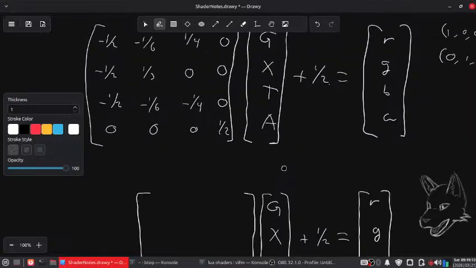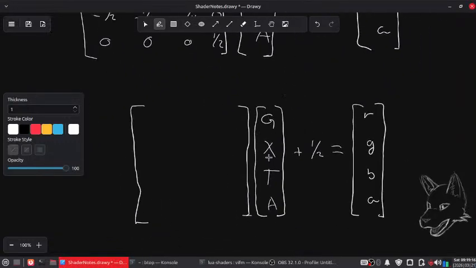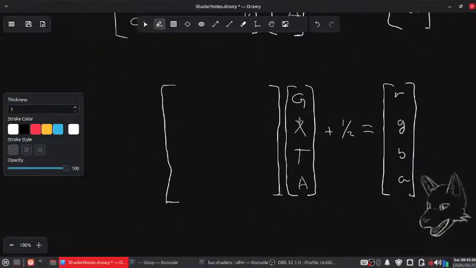If it's just G, then what is R? If G is the only thing that we're dealing with, then if G is 1, we know that it's going to be a third plus a third plus a third, or a sixth plus a sixth plus a sixth, which is a half.